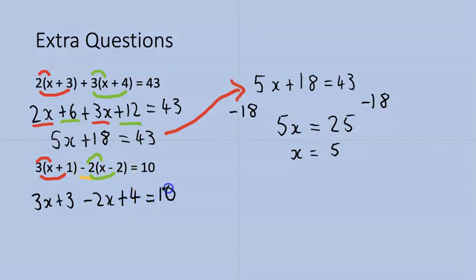That gives me 10. Collect up your x's. So 3 take away 2x just gives me x. And then 3 plus 4 gives me 7. So x plus 7 gives me 10. x is 3.